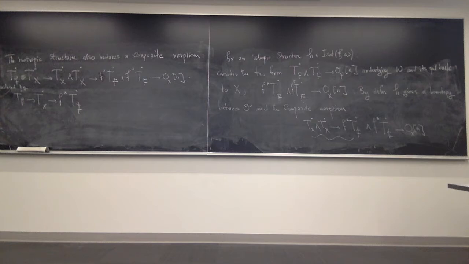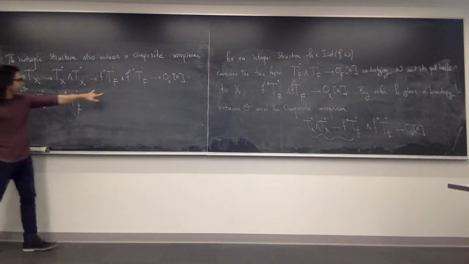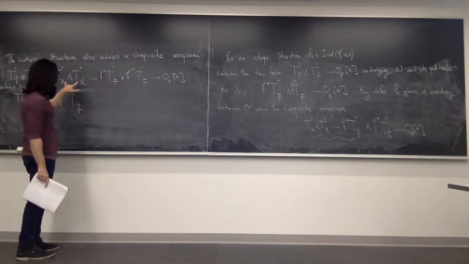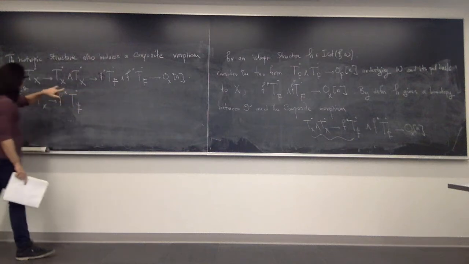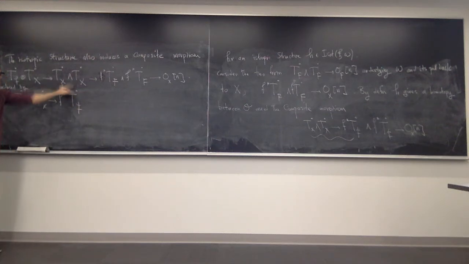So first, there is a map from here to here, and then for these two there is a map this way, T dot of f to x. If you wedge this with T dot of x, you will get a map from T dot of x. This is the relative tangent complex.